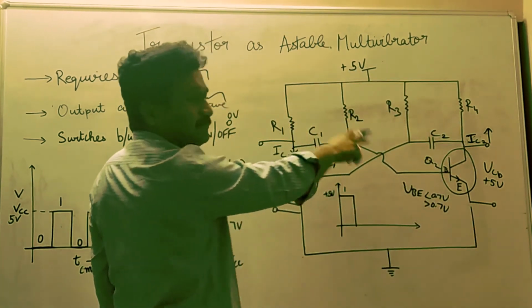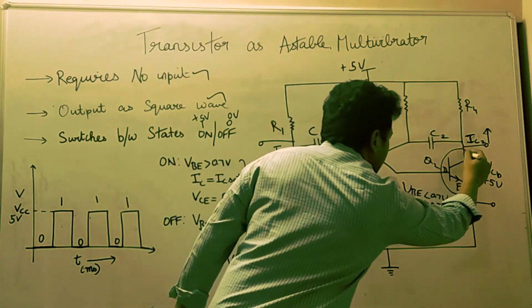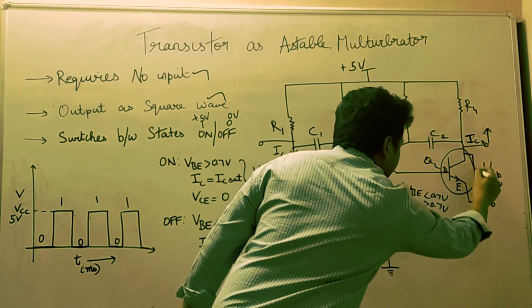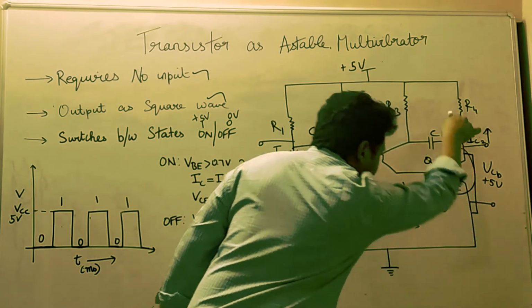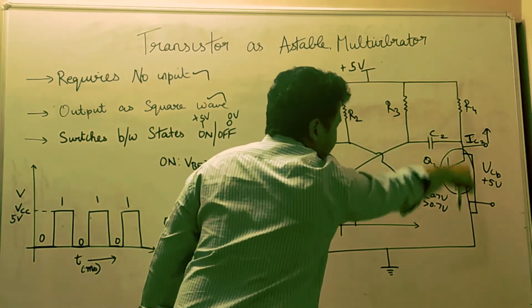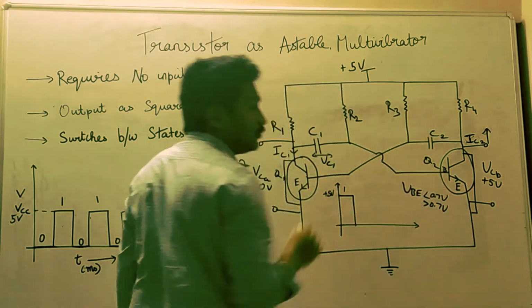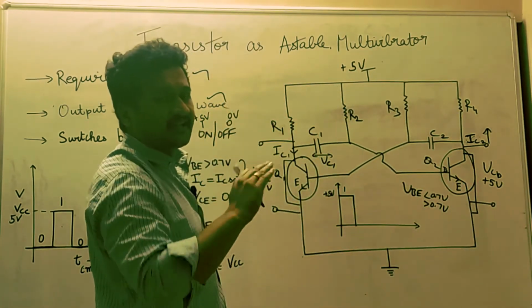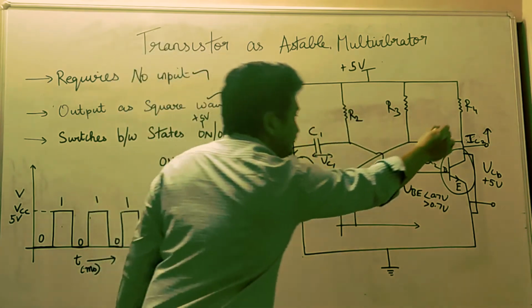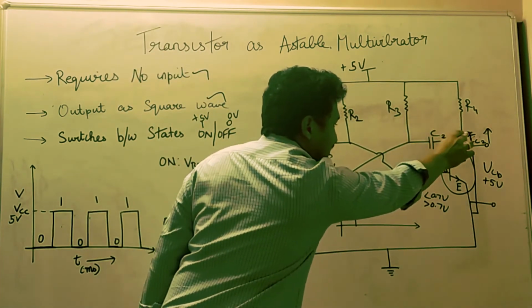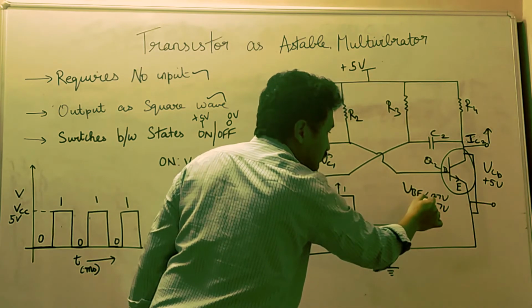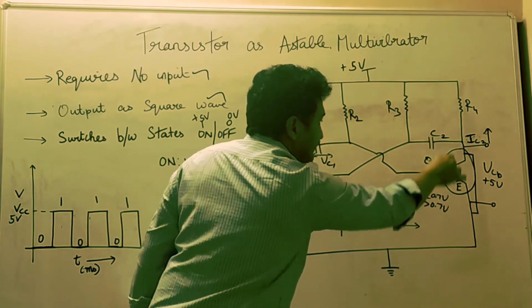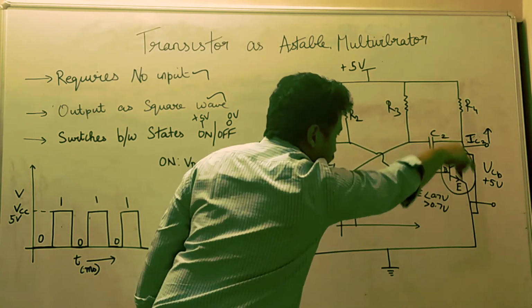If this collector current becomes maximum, it means it flows as a current from collector to the ground, because this circuit becomes closed. Based on the principle of working of a transistor in switch on condition, this collector current reaches saturation value because VB goes to greater than 0.7 volt. This becomes maximum and current flows.